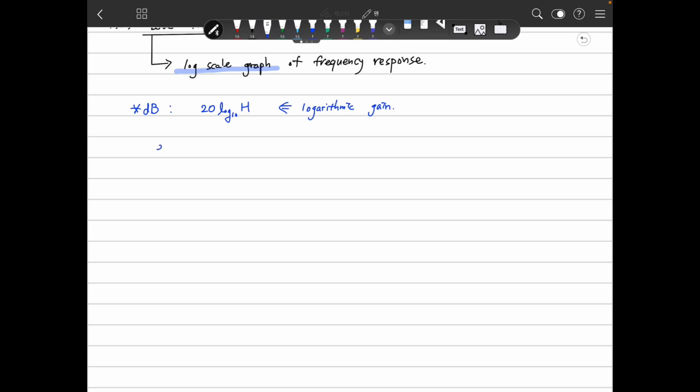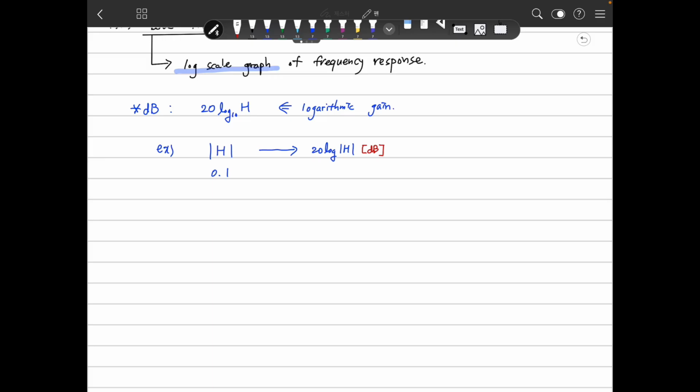For example, we have some value, 0.1, and I want to express this value in dB. Then you need to change the value in this manner, and the dimension is dB.